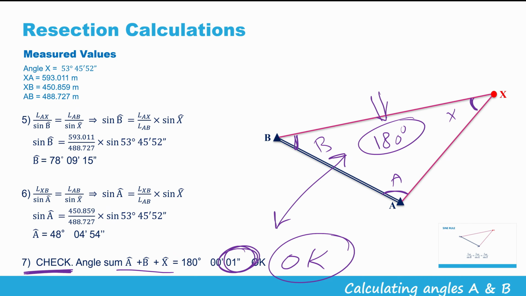However, if you have a big summation here, for example 181 or 182, that means that you have done something wrong in your measurements and you need to double check your measurements and calculations, and if you still have the same answer, that means that your measurements are not accurate and you need to repeat your measurements.